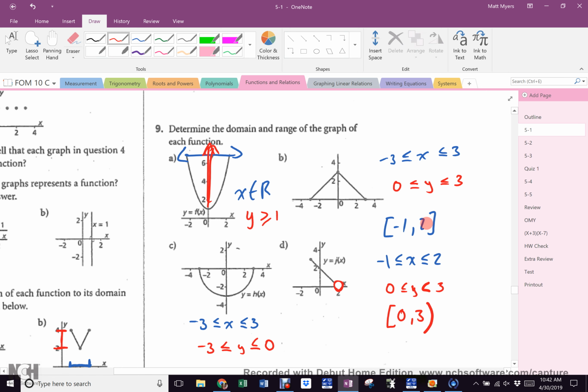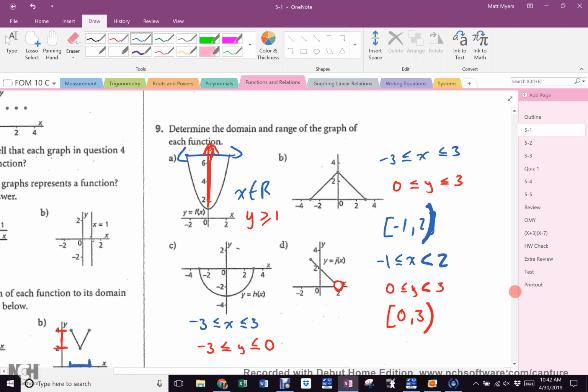Would it change the domain? Sure it would. That point is now not really there. So what would this be? It would be less than 2, and this would be a round bracket. Is everybody good?